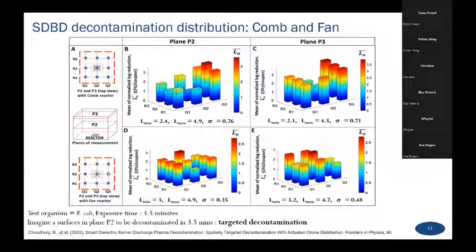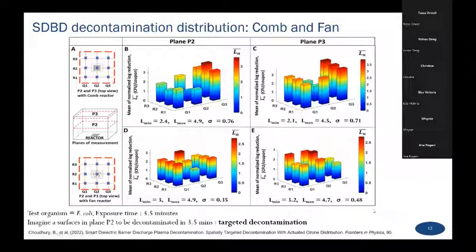But if we use the fan reactor instead, what we are seeing is that we are achieving a more uniform distribution, which means that in 3.5 minutes or a certain exposure time period, the fan reactor will uniformly decontaminate it. So we can be done with decontamination in that time period, and we do not have to wait for all the points to be decontaminated as in the case of the comb reactor.